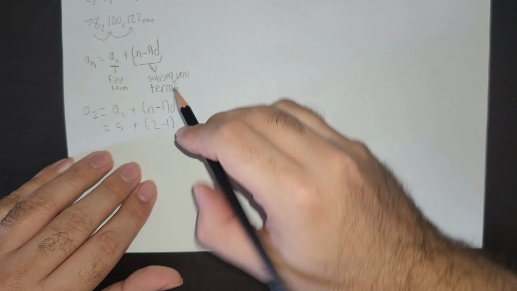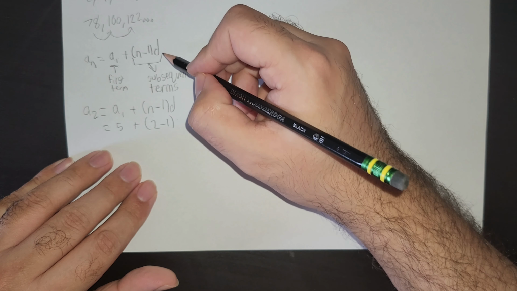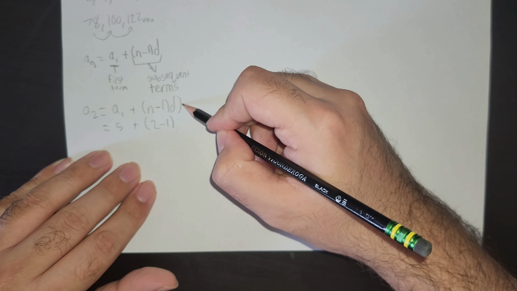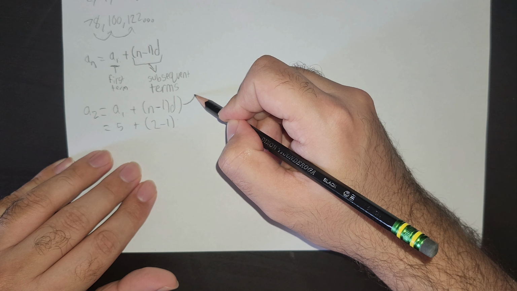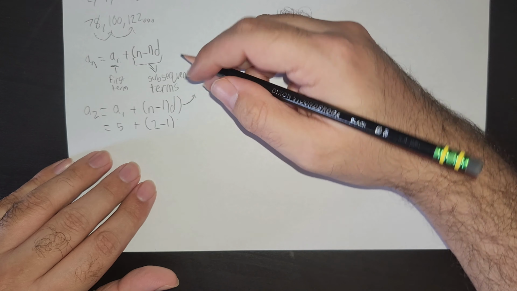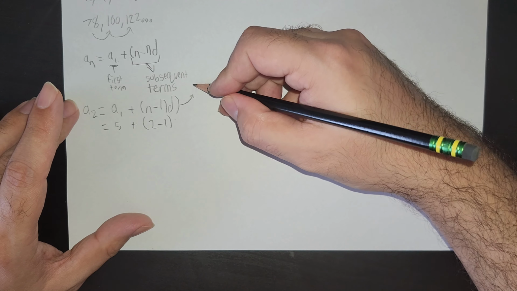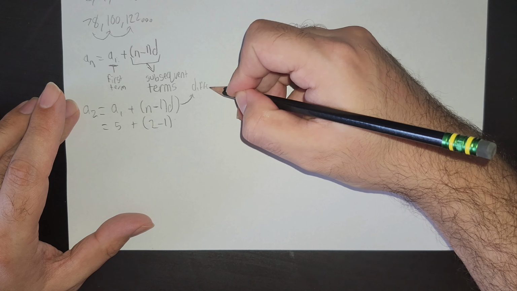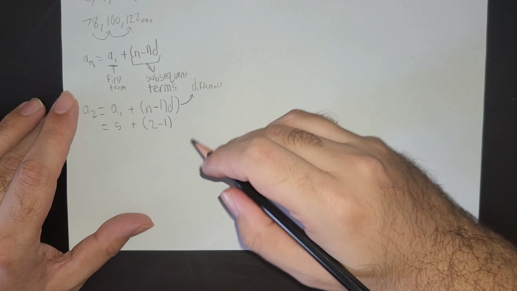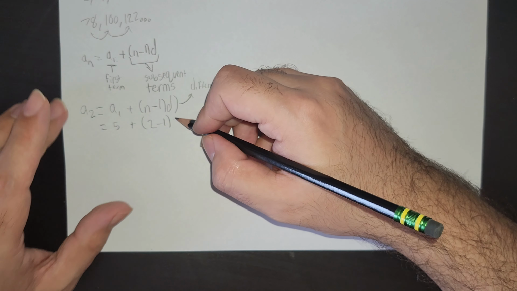And then this d is the difference between the two numbers, right? The intended difference per step, I should say. We're going to say that's 5 as well.